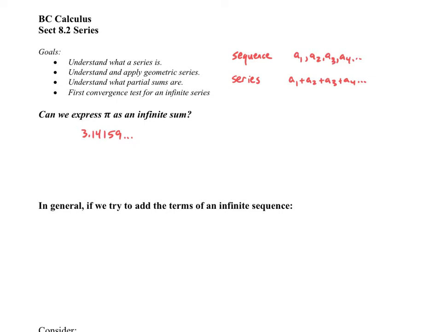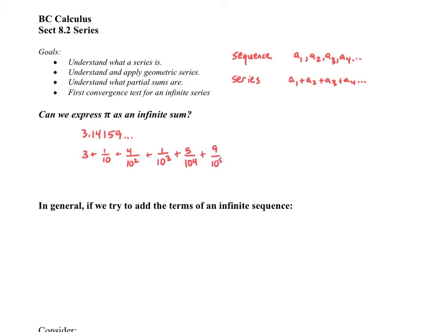So we could look at pi instead of the decimal form that we're used to, as the sum of particular values. For instance, we have 3 plus, instead of 0.1, we could write it as 1/10. Instead of 0.04, we could write it as 4 over 100, which we could write as 4 over 10 squared. And instead of 0.001, we could write that as 1 over 1,000, which is 10 cubed. And we could continue with each of the digits for pi.